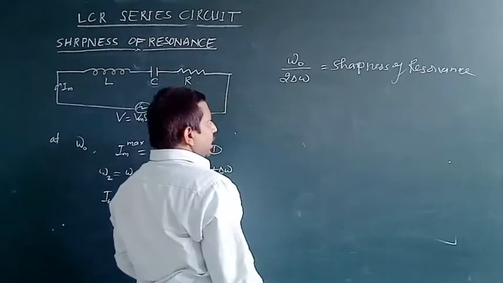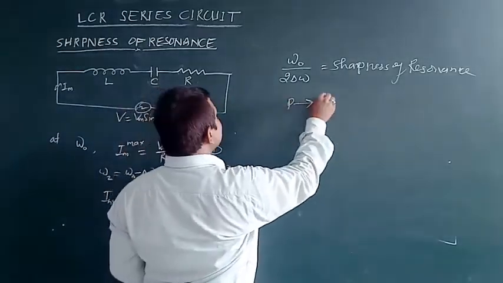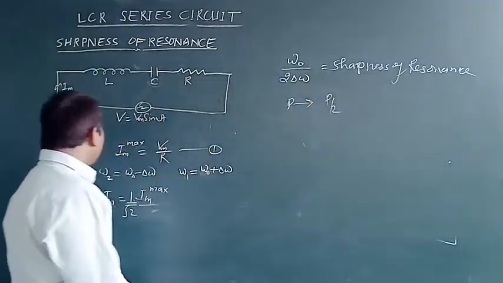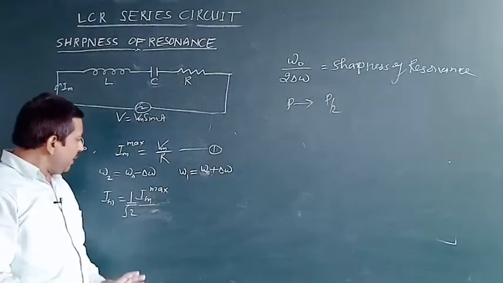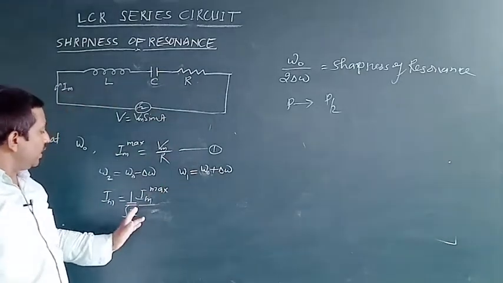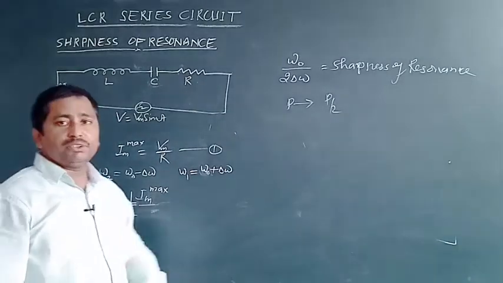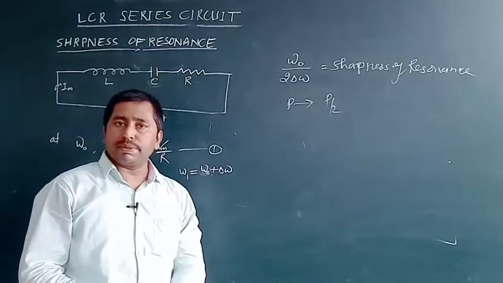This occurs only when the power dissipation in the circuit reduces to its half value, and this happens only when the current flowing through the LCR series circuit reduces to 1 by root 2 times its maximum value.